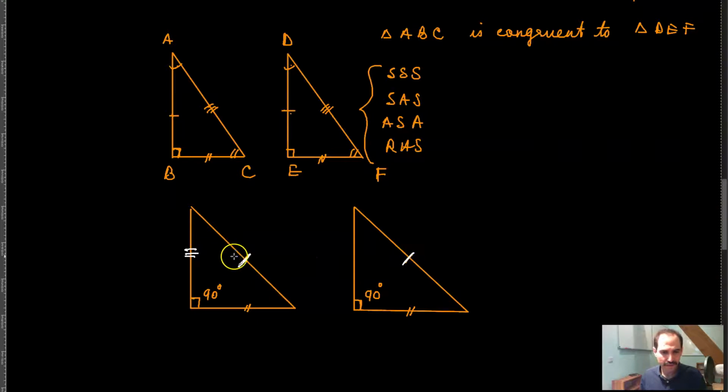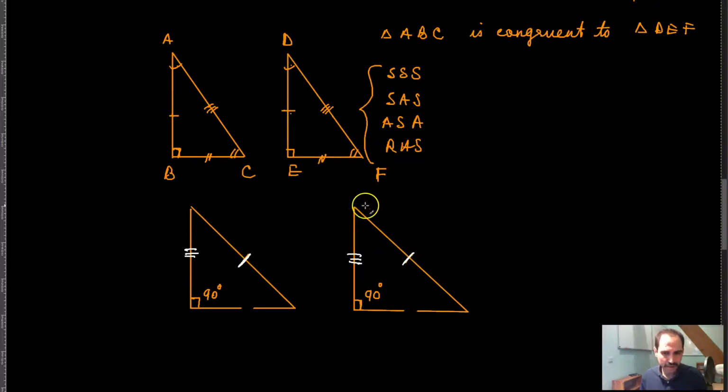Suppose that, for example, this length is equal to this length, which means that the hypotenuse is equal to the hypotenuse, and then this length is equal to this length, and you just simply forget about this length here. If that is also the case, then you can say that the two triangles are also congruent.